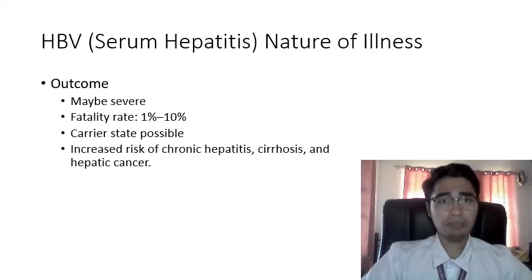But another 10% of patients who have hepatitis B progress to a carrier state or develop chronic hepatitis with persisting hepatitis B virus infection, which causes hepatocellular injury and inflammation, which is the cirrhosis. It remains a major cause of cirrhosis and hepatocellular carcinoma worldwide. So the fatality rate is higher, from 1% to 10%.